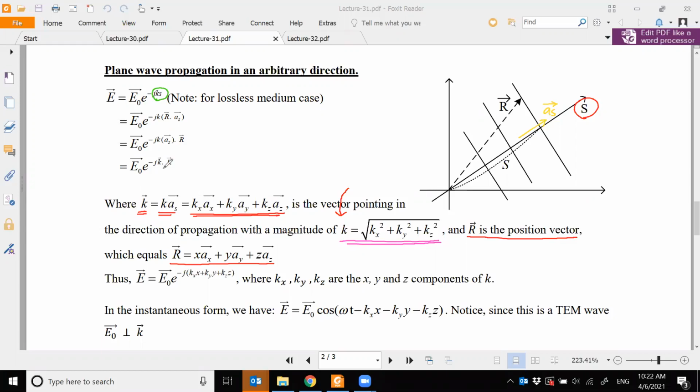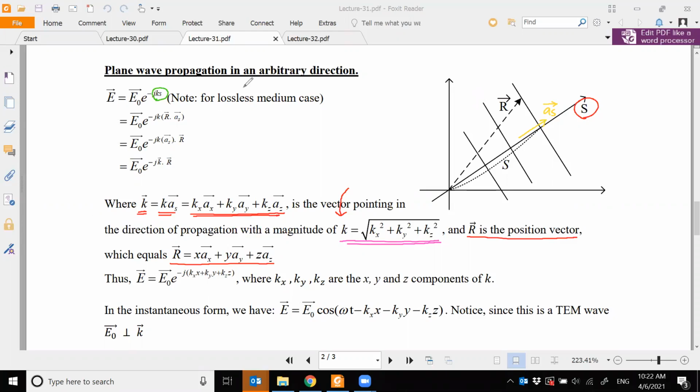But now, when we are going in an arbitrary direction, it will no longer be a scalar, because if you want to decompose that propagation constant, it will have its part along the x direction, along the y direction, and along the z direction.